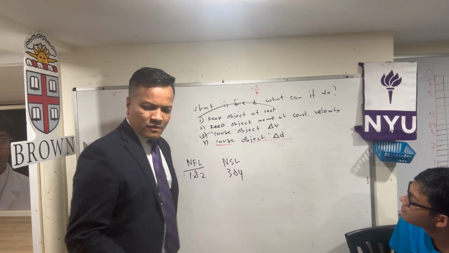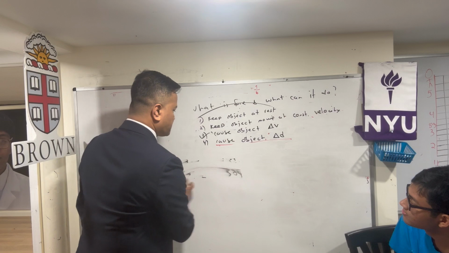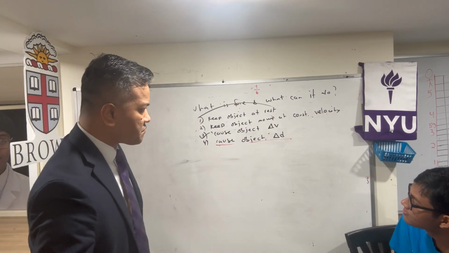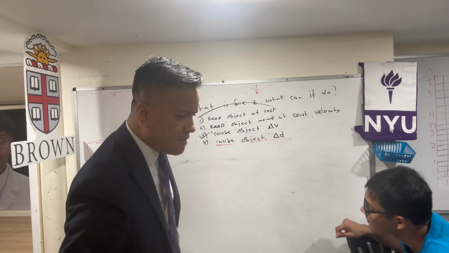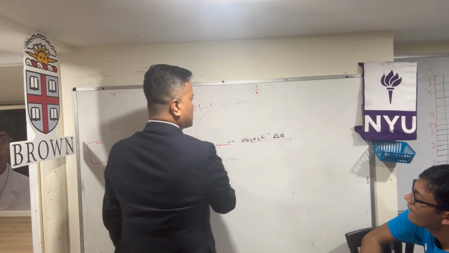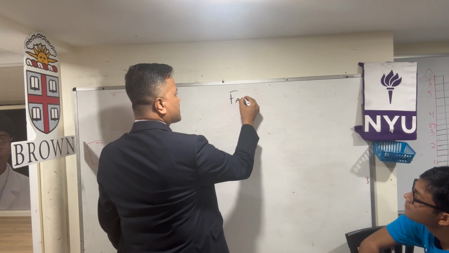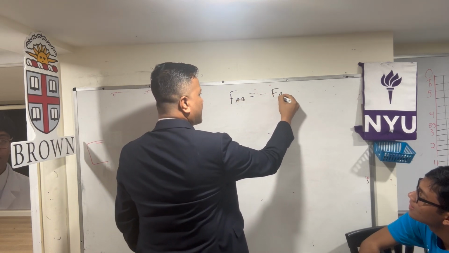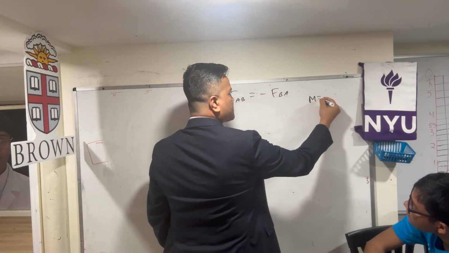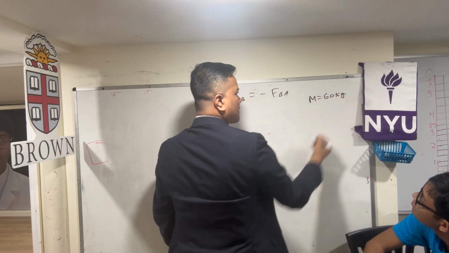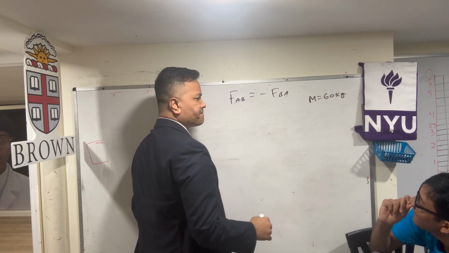Now let's go over Newton's third law. So what is Newton's third law? Any action has an equal and opposite reaction. For example, F_AB is equal to negative F_BA. Mr. Bari is 60 kilograms.